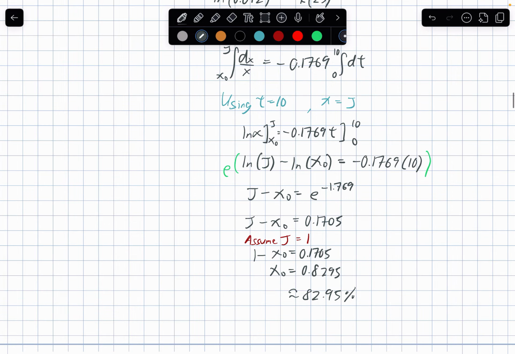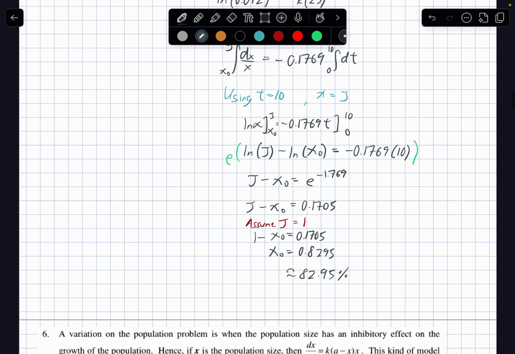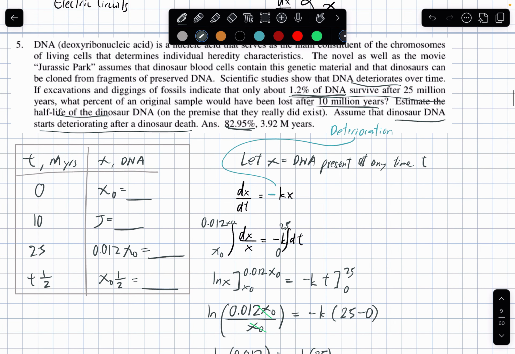I'm not fond of this approach. I think you might find it confusing. But essentially, knowing that 82.95% is what was lost after 10 million years, what remains of it? 100 minus 82.95.